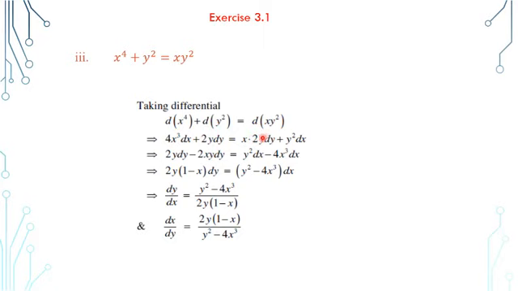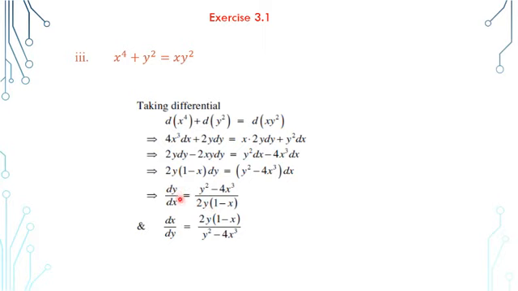x as it is, differential of y square, that is 2y dy, plus y square as it is, differential of x. Taking dy term on the right hand side and dx term on the left hand side, taking dy common from those terms and dx from right hand side, take this dx to the denominator and this term to the numerator.